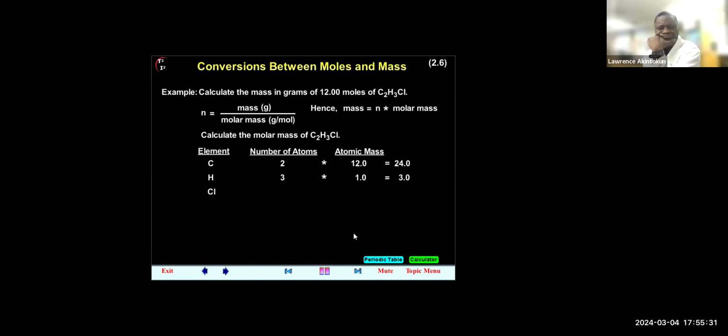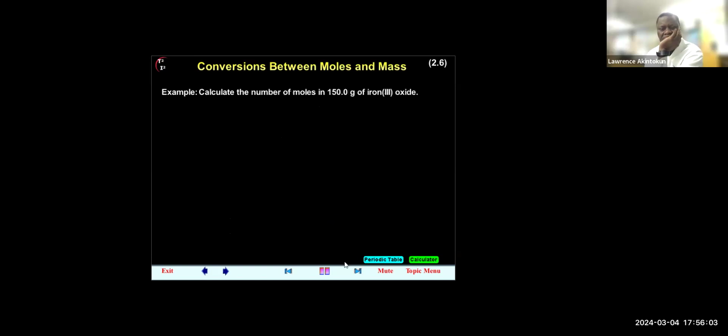Element Cl, number of atoms, 1, atomic mass, 35.5, total 35.5. The molar mass is 62.5 grams per mole. Mass equals 12.00 moles times 62.5 grams per mole. Mass equals 750 grams.